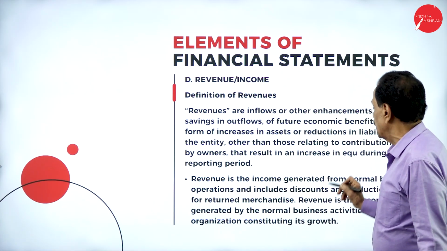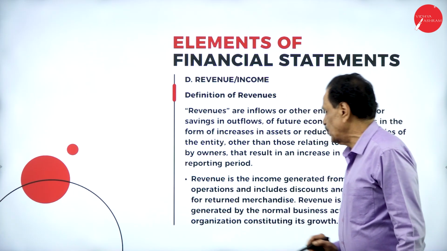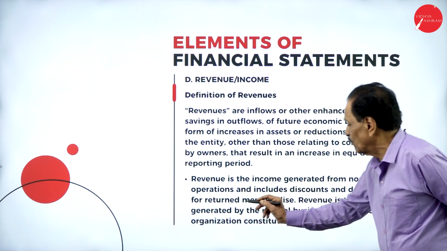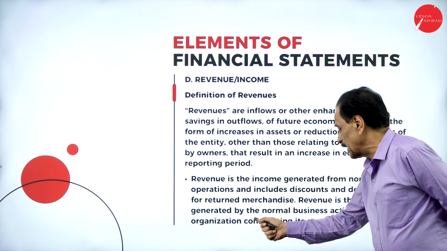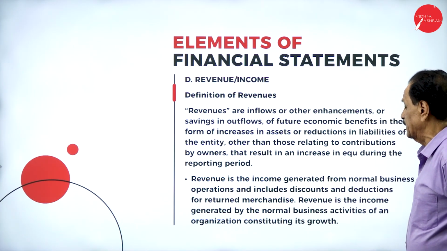Revenue is the income generated from normal business operations and includes discounts and deductions for returned merchandise. Revenue is the income generated by the normal business activities of an organization.